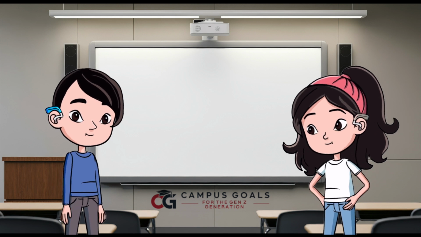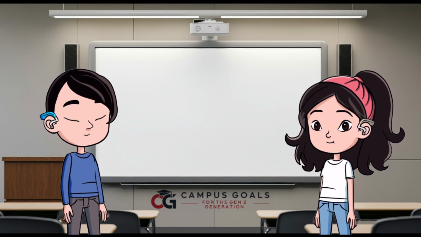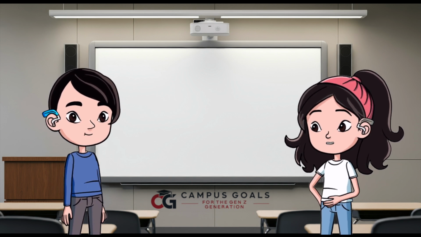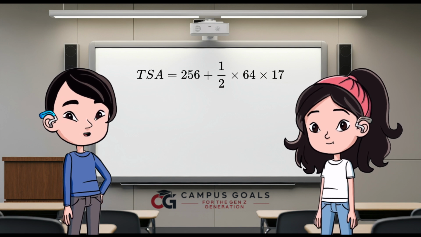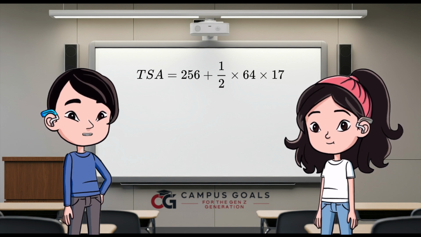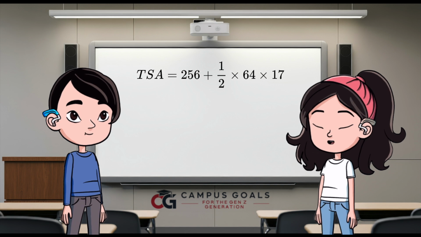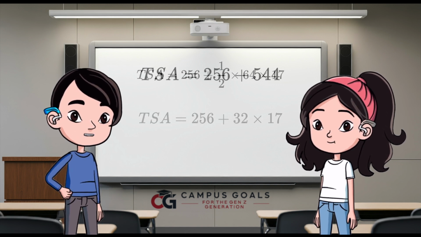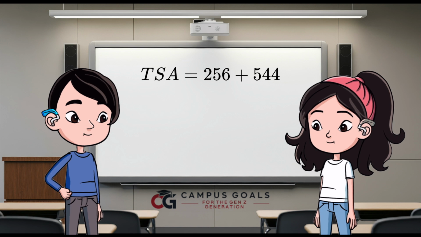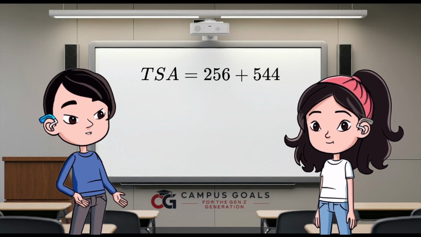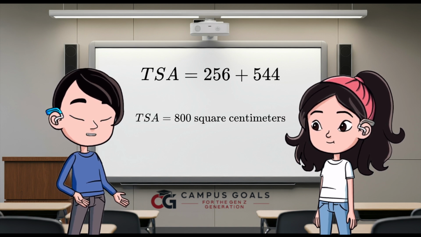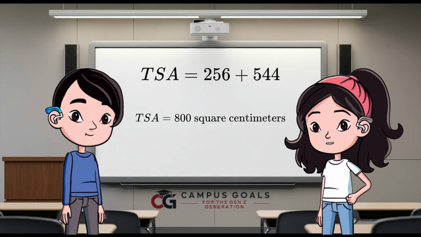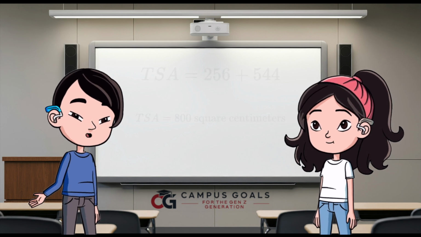So TSA equals B plus 1/2 PL. TSA equals 256 plus 1/2 times 64 times 17. 1/2 of 64 is 32, times 17 is 544. So 256 plus 544 equals 800 square centimeters. Another pyramid conquered.